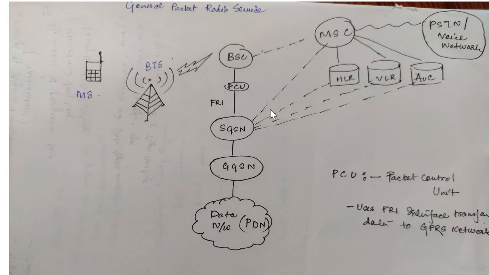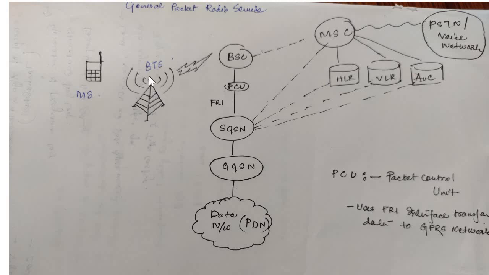Here, I will tell you the chronology: how it works, how a call is made and initiated, how it travels, and how the entire communication takes place between one mobile system and another. Once a call is initiated, or a request, because it may not be a call, it may be a data request or a voice request, it is channeled through the BTS, as we know that MS and BTS are connected through the air interface.